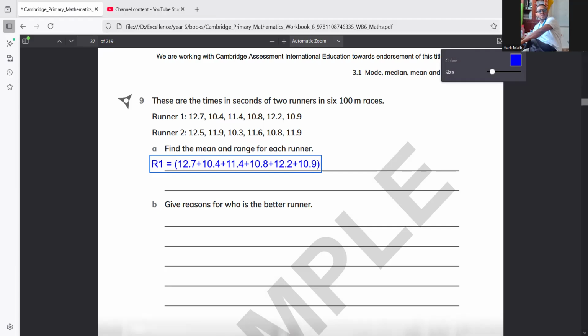We add all of them, and then we divide by how many? Go and count: 1, 2, 3, 4, 5, 6. Divide by 6.